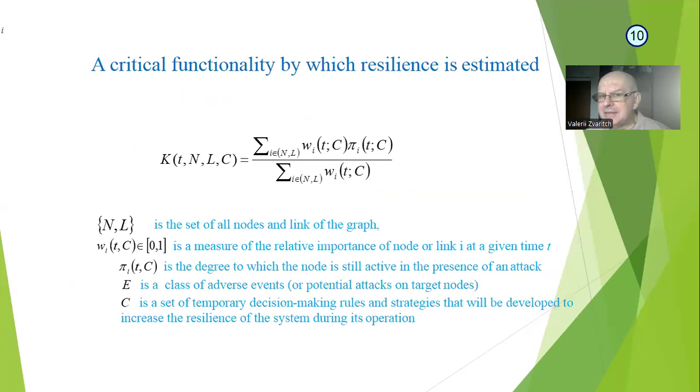A critical functionality by which resilience is estimated is given by the following equation, where NL is the set of all nodes and links of the graph, where w sub i of t is a measure of the relative importance of node or link i at the given time t, p sub i of t is the degree to which the node is still active in the presence of an attack, and E is a class of adverse events or potential attacks on target nodes.